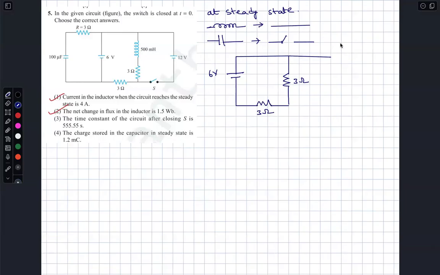Switch is closed at t is equal to 0. 12 volt. That's the deal. Now, which clearly implies across this the drop is 12 volts. So therefore, the current through this will be 4 amps.